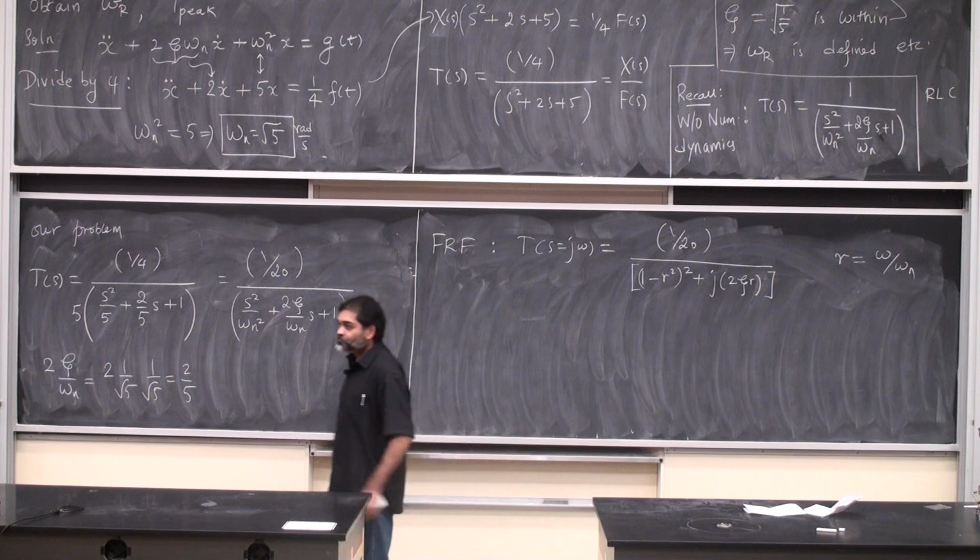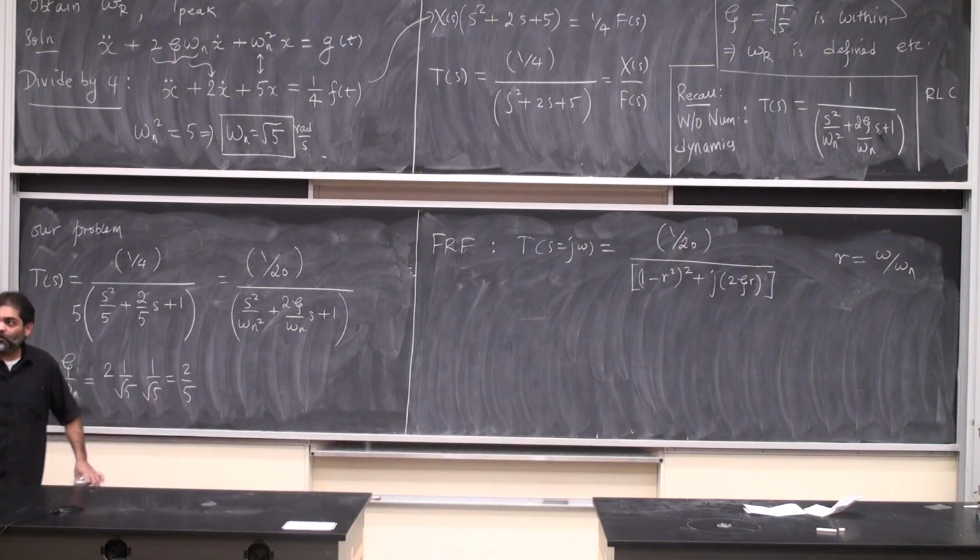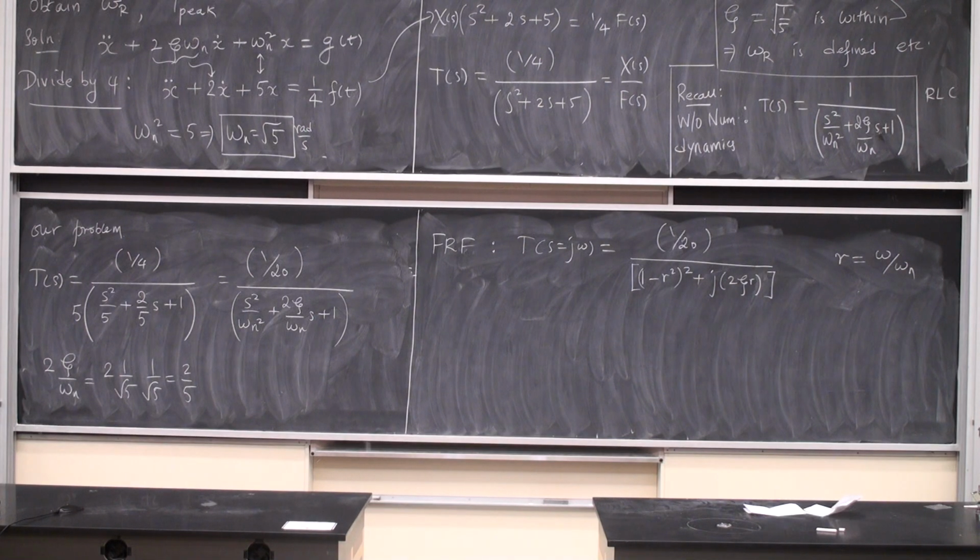Why did you validate that 2 zeta over omega n equals 2 by 5? Is there any case where it wouldn't just be the number before s? It should be, but just for my own sanity, I always make those checks, because this tells me, hey, what if my zeta value is wrong? If I had chosen it to be wrong, then what if there is no resonant frequency at all?